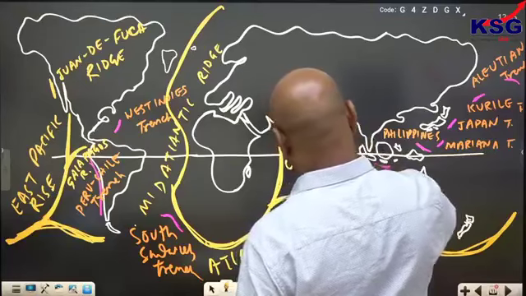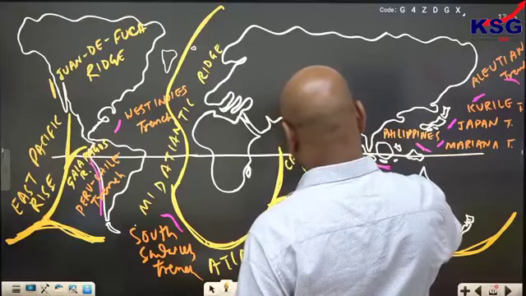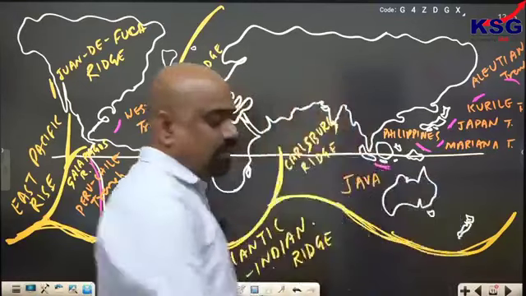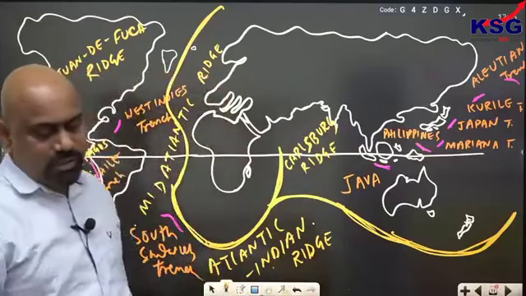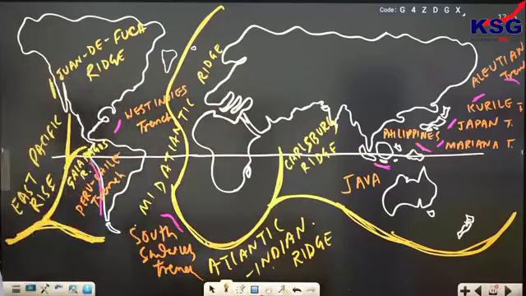Carlsberg Ridge. The Mid Indian Ocean Ridge, or Atlantic Indian Ridge, is here. Atlantic Indian Ridge is on this side, and you have the Carlsberg Ridge.